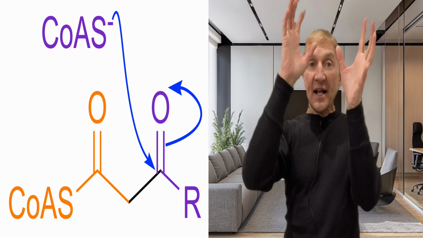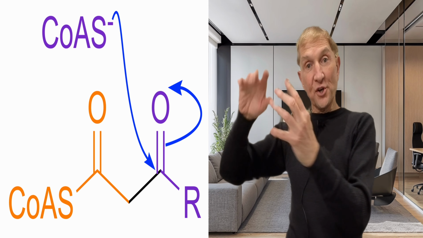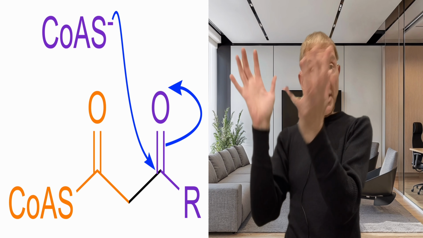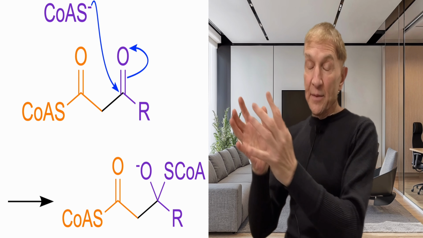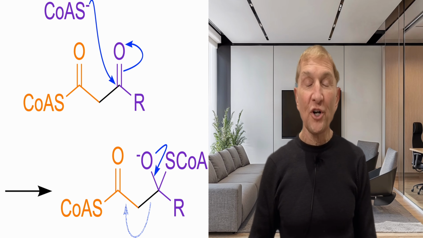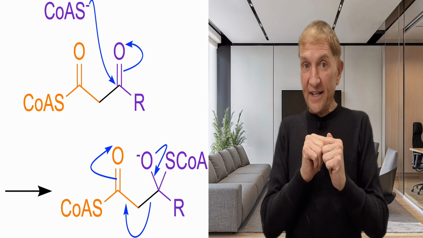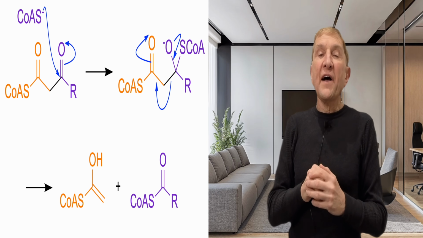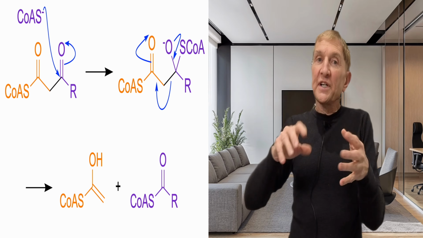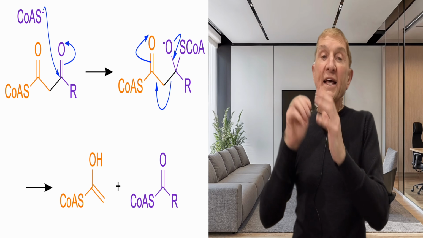Attacked with acetyl S- on the carbonyl, generates a tetrahedral intermediate that collapses and breaks the C-C bond, giving an enolate of acetyl-CoA. So imagine now a fatty acid converted to an acetyl-CoA ester.